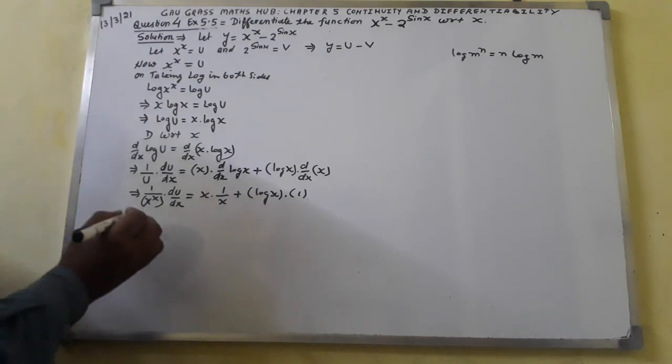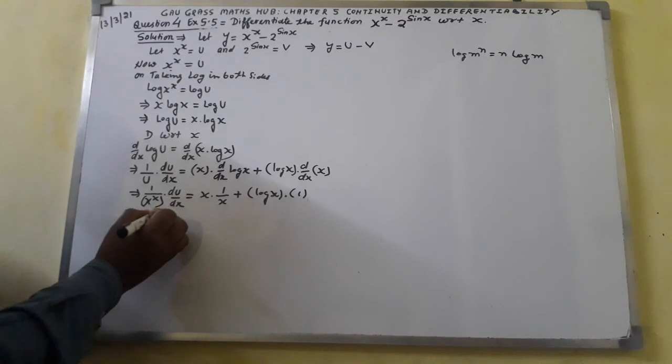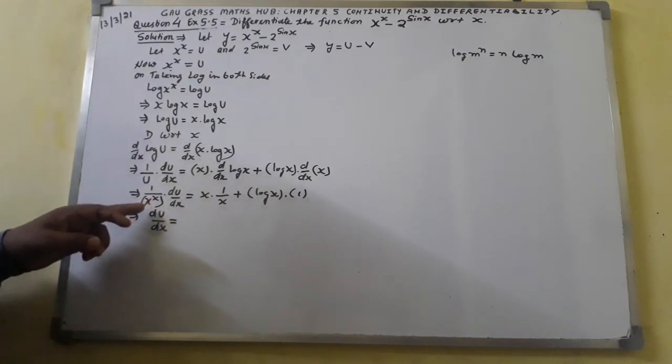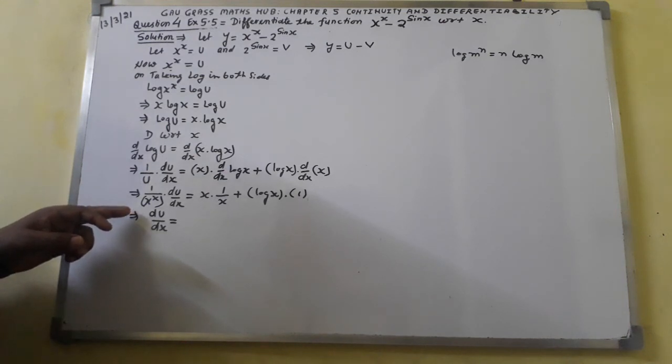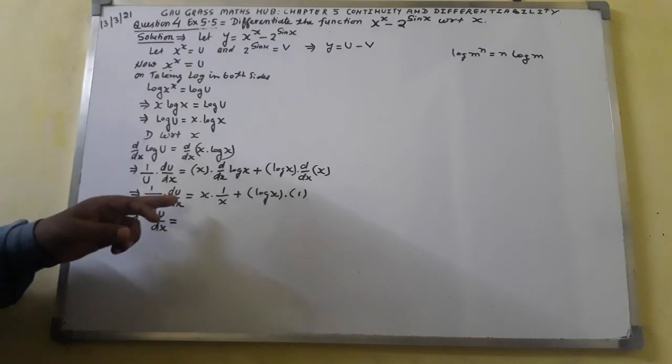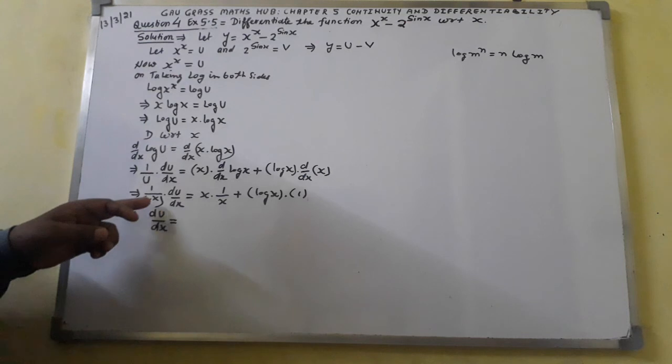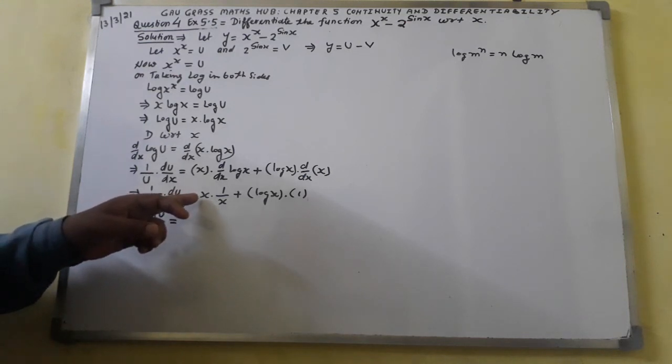So this thing you will get, then imply that du over dx equal to x raised to power x. It is there in the denominator on the left hand side, so that will be moved back to the right hand side. Here x raised to power x will multiply the right hand side function.